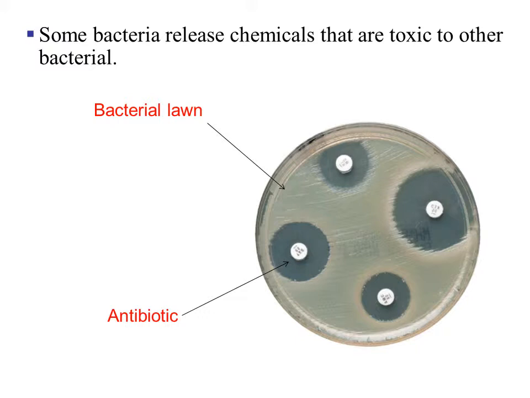If you look at all of those discs, one of them will produce a larger halo than the other. That chemical that's in the disc is an antibiotic. Some bacteria produce antibiotics. How you discover antibiotics is when you're growing bacteria, if you see a halo around a certain colony, then that bacteria, that colony, needs to be further studied.